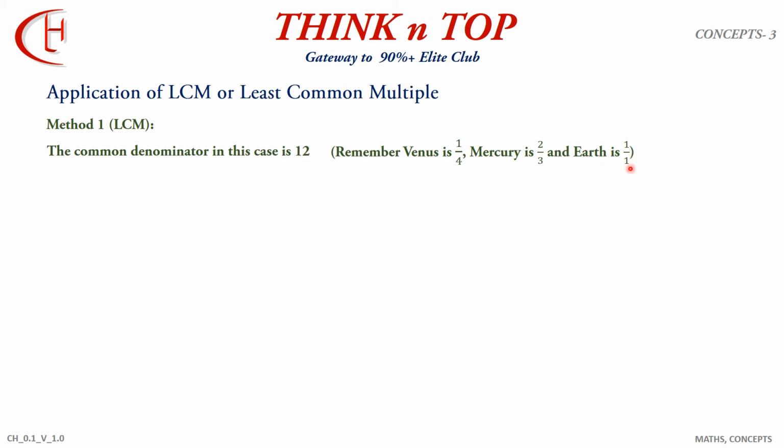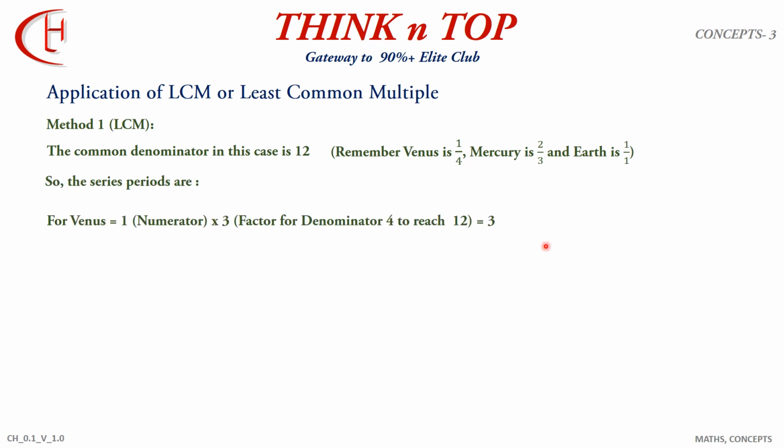We can write 1 as 1/1, there is no issue because the denominator is 1. Now for the series of periods, for Venus the numerator is 1 and 3 is the factor for the denominator 4 to reach 12. So 1/4 can be written as 3/12 over here.